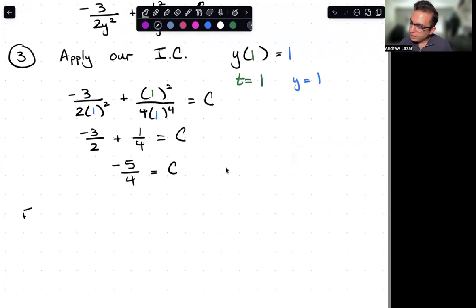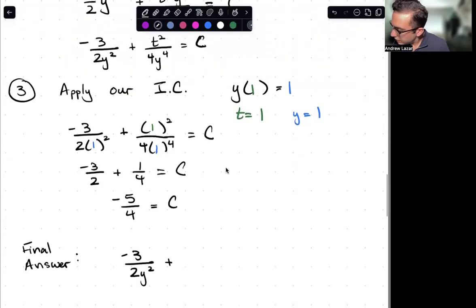So your final answer to this initial value problem is -3 over 2y squared plus t squared over 4y to the 4th power equal to -5/4.